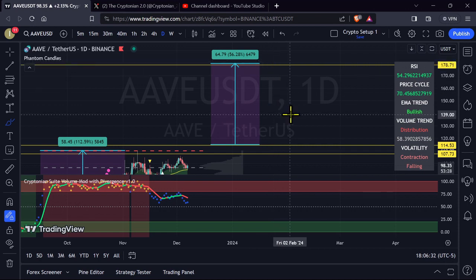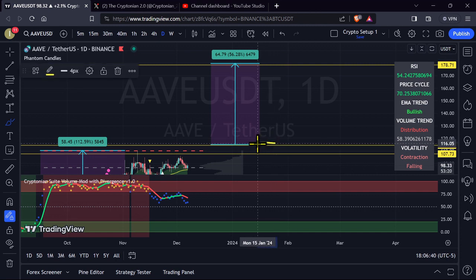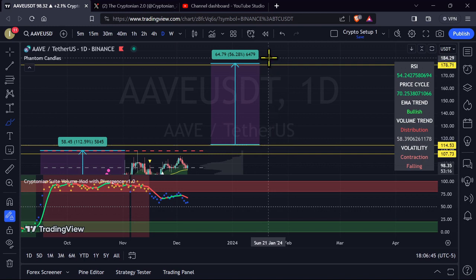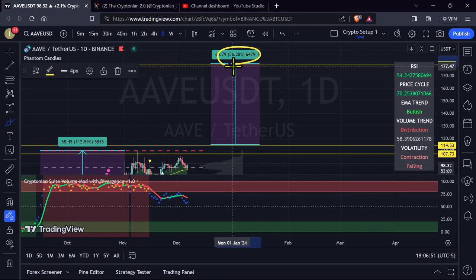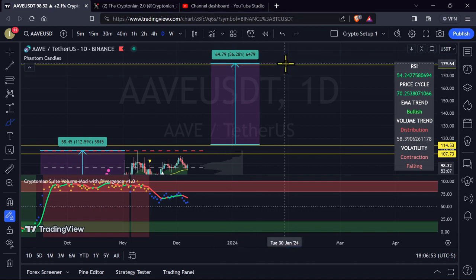And so if the market continues to be bullish and move higher, we could see AAVE break above that $114, $115 area. And if that's the case, then there is a large gap in the chart, and there could be a 56% move to the next resistance line, which is 178.